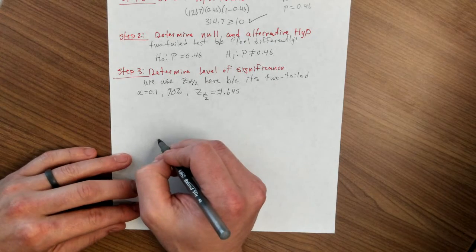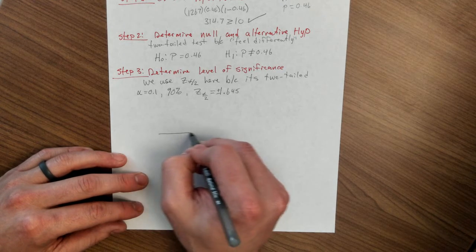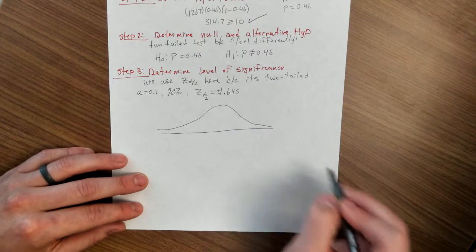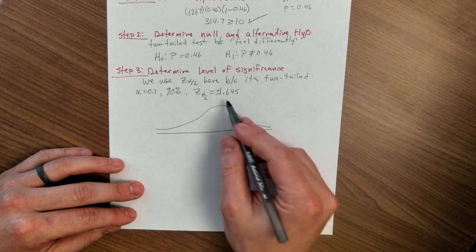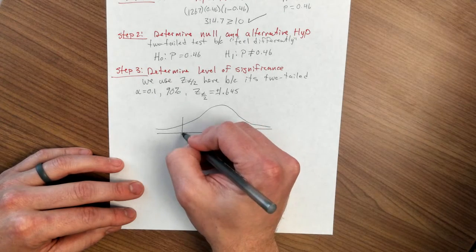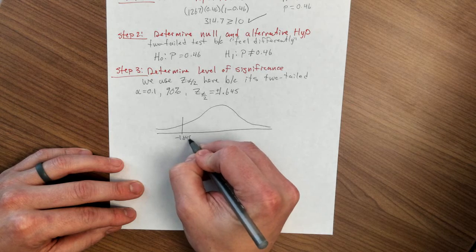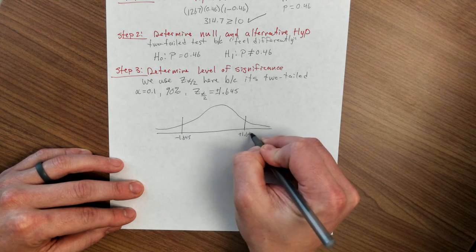What's helpful here is to go ahead and draw a graph. Draw our normal curve and plot our critical values here. So this is negative 1.645, and here is the positive 1.645.